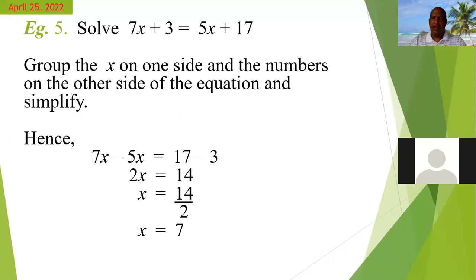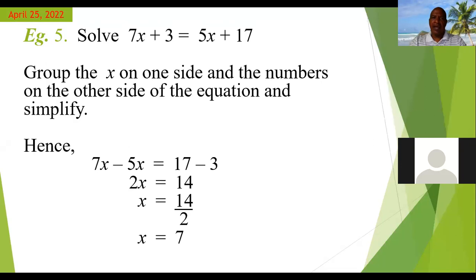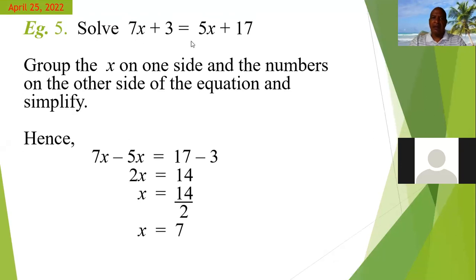So as I was saying earlier, when we are solving equations of this nature, where we have the x variable on both sides of the equation, the first thing we want to do is to bring all the variables, or all the unknowns that we are solving for, by themselves. We're grouping them on one side.